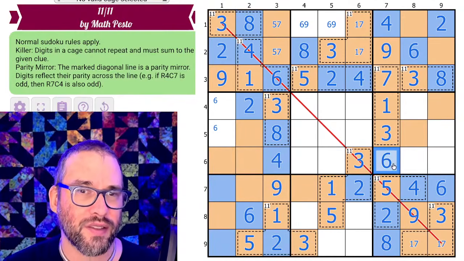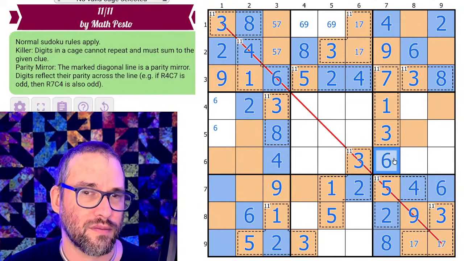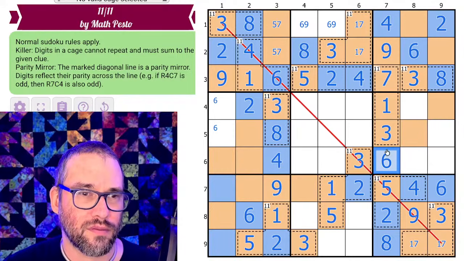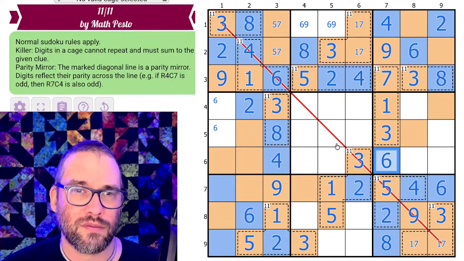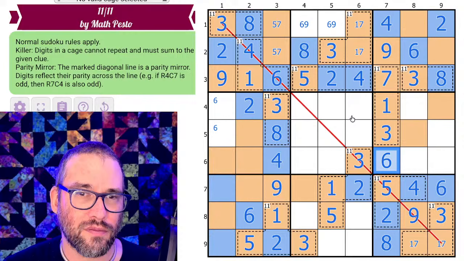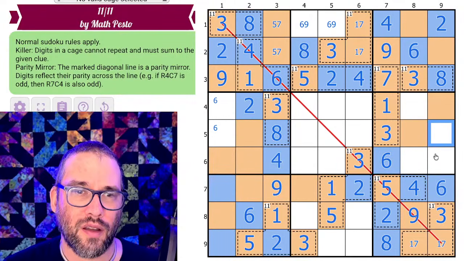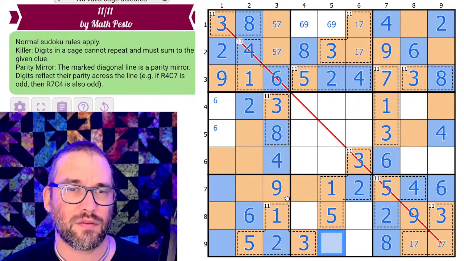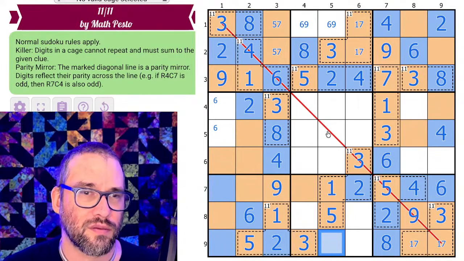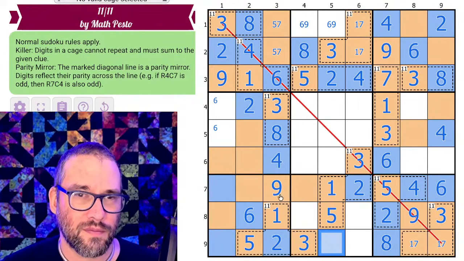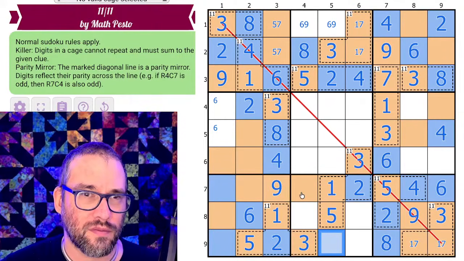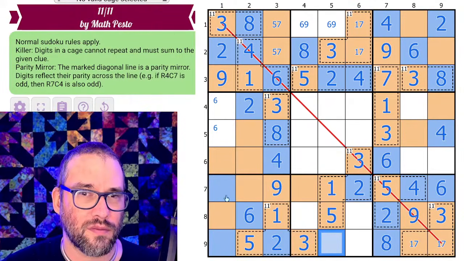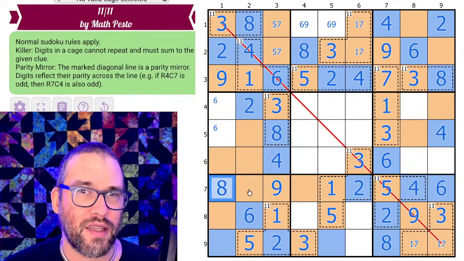That's 6. 4 is now placed here, so that's even. That's an 8.